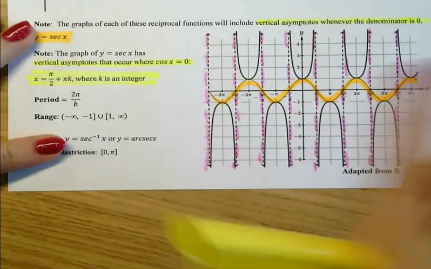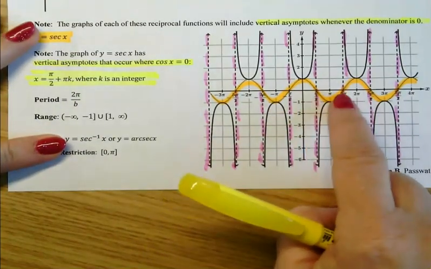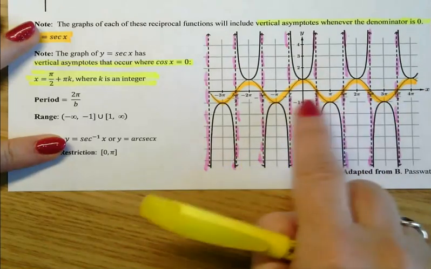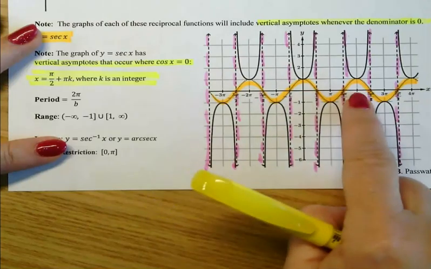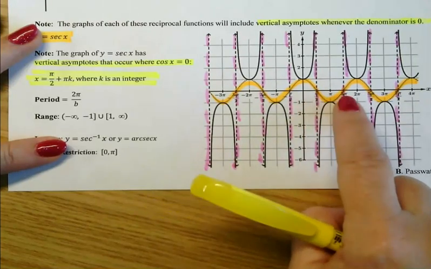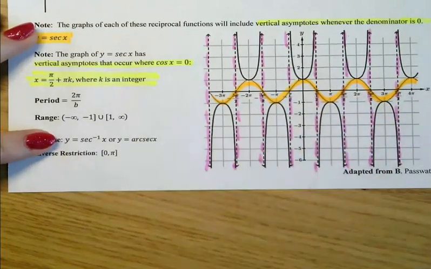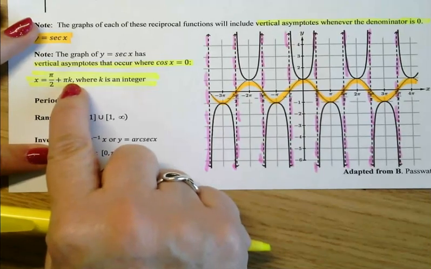So the first vertical asymptote happens right here at pi over 2, and then every pi over 2 increments from there. Well, I'm sorry, not pi over 2, pi, right? Because we would go from here all the way over here, and that's a unit of pi. So each one hops over pi units, and that k, remember, is how many times is it hopping over?